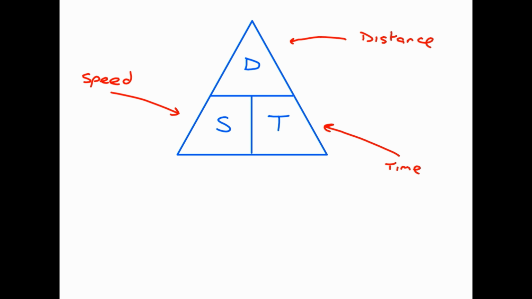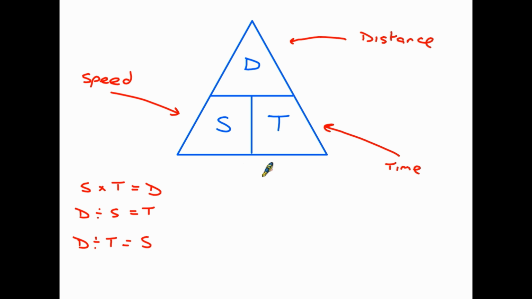On the previous page, we came up with 3 different formulas. The first was speed multiplied by time equals distance. We also had distance divided by speed equals time, and distance divided by time equals speed.